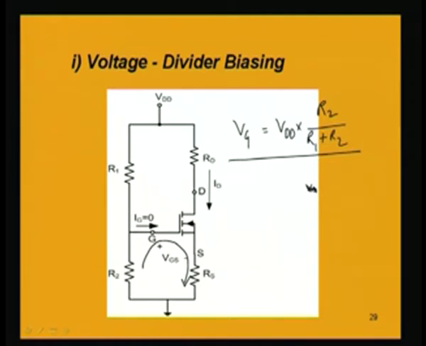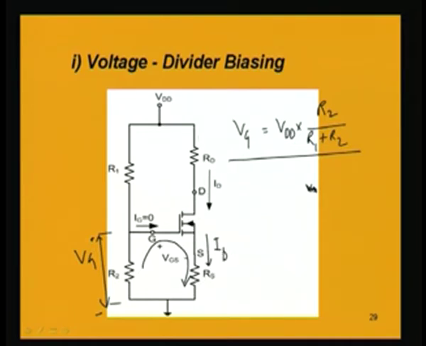If we now look into the lower loop, we have a voltage VG given by this one, and this gate current is 0. What is this current? This is nothing but ID, the drain current; the source current is the same.